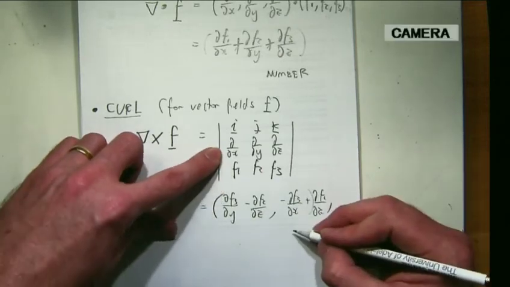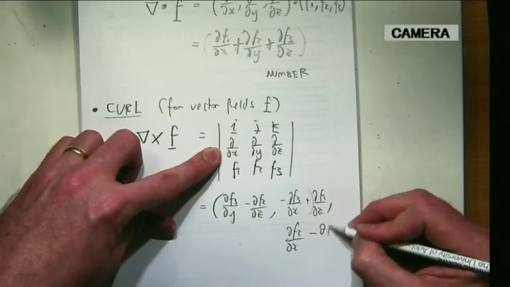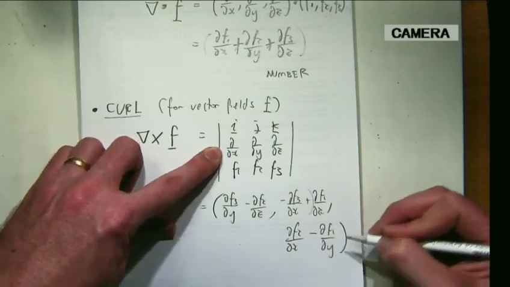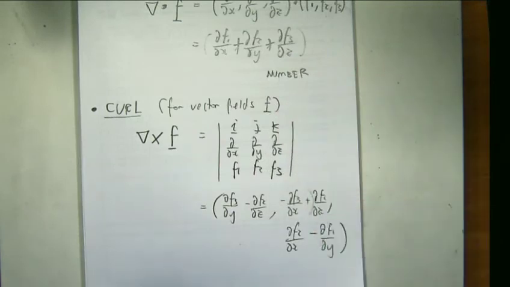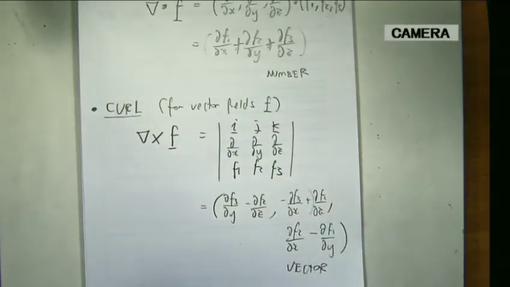And the next one will be df2 on dx minus df1 on dy. But I can never remember that, I just do that. Okay, so this is now a vector, right? So this takes a vector field and produces a brand new vector field which points in some other direction.